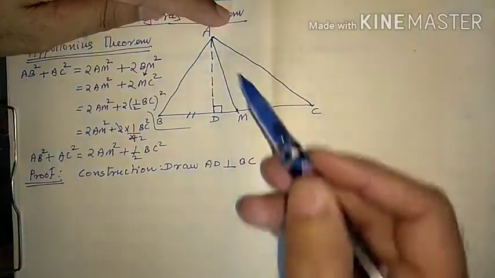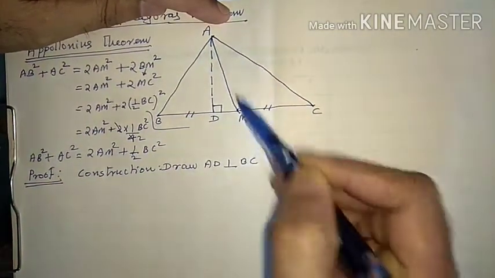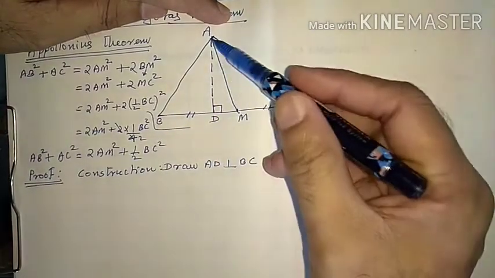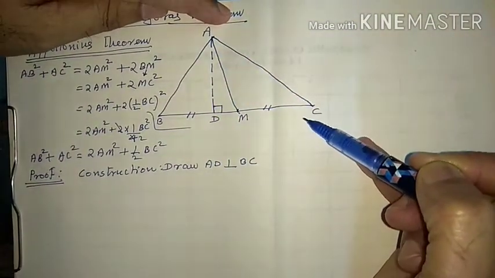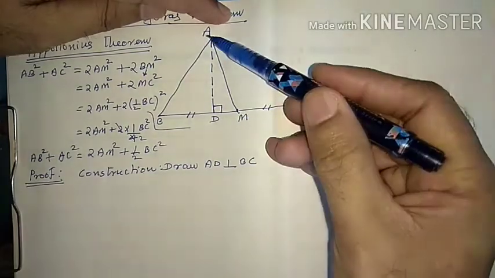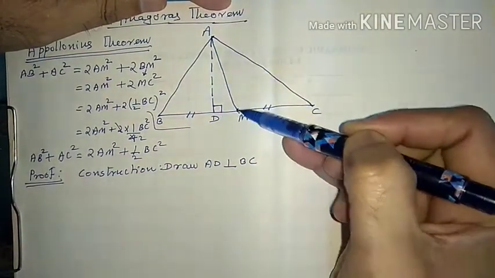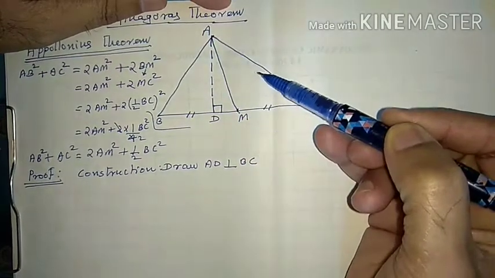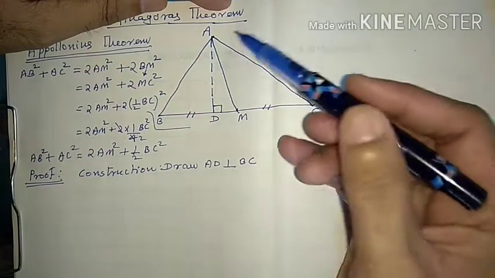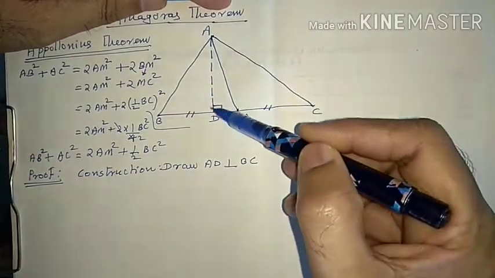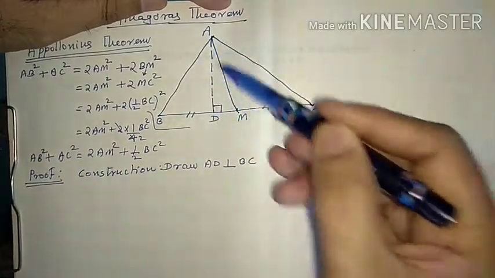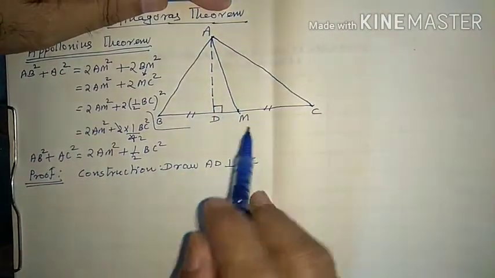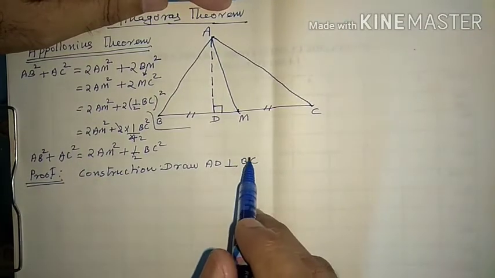Now this triangle ABM is acute angled. Triangle AMC is obtuse angled. Triangle ADM, the smaller one, is right angled. Two more right angle triangles we can say, triangle ADC and also triangle ADB. Like that, here 3 right angle triangles are there.